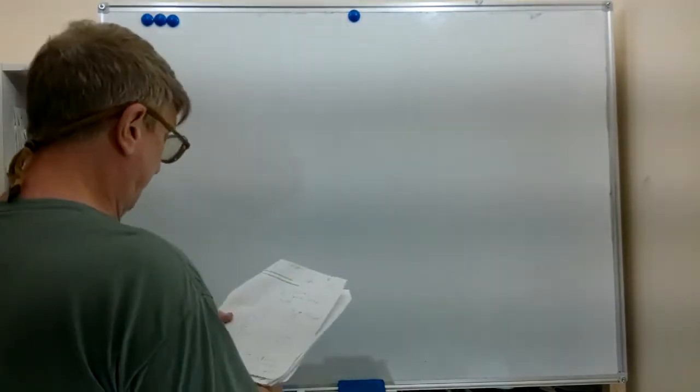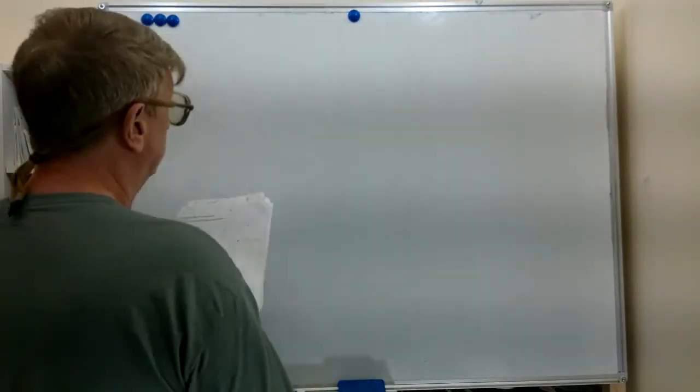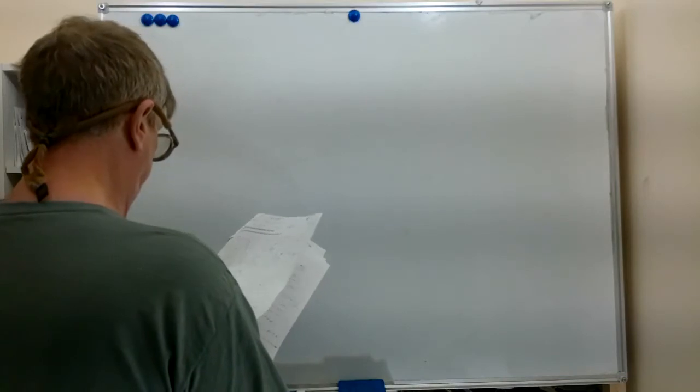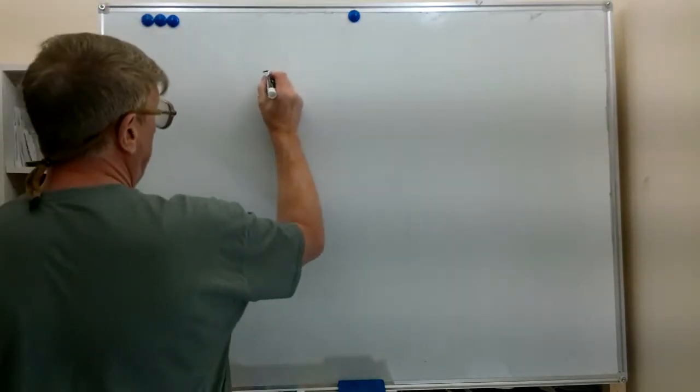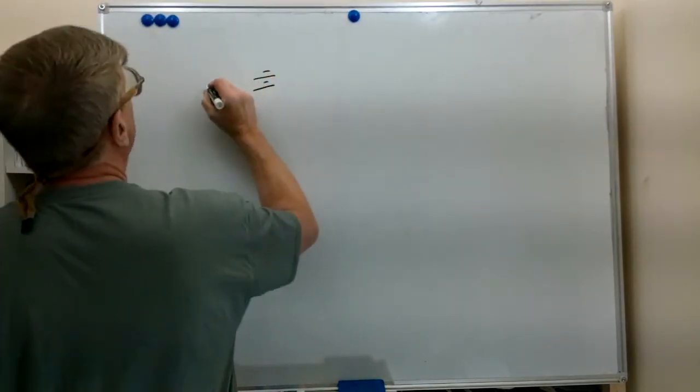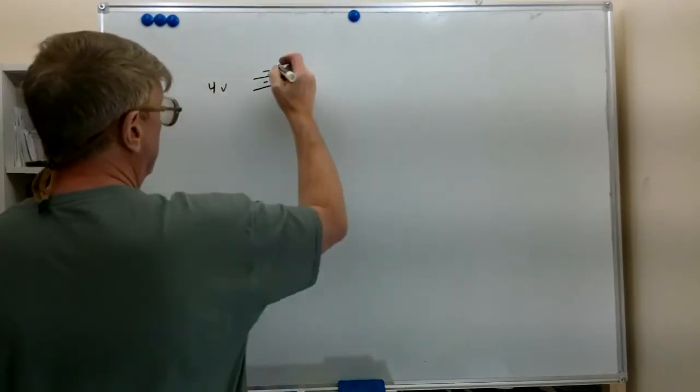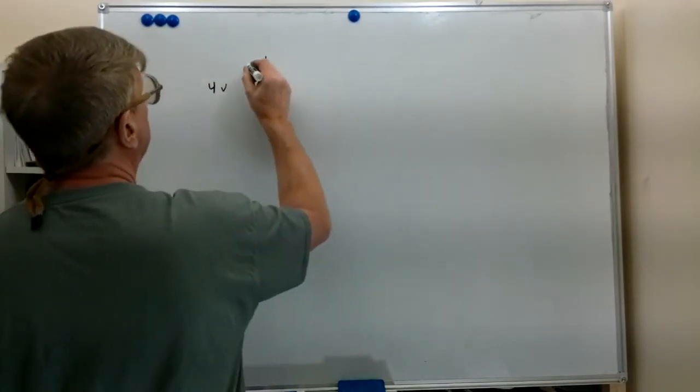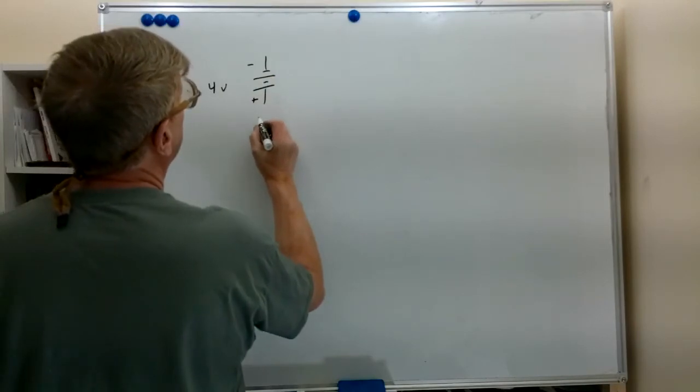We're going to draw another circuit up here. Similar, it's going to have a 4-volt supply, negative, positive. And it's going to have a 6-volt supply.